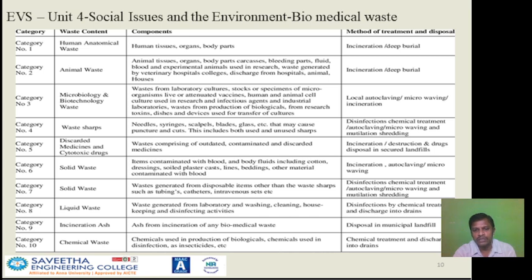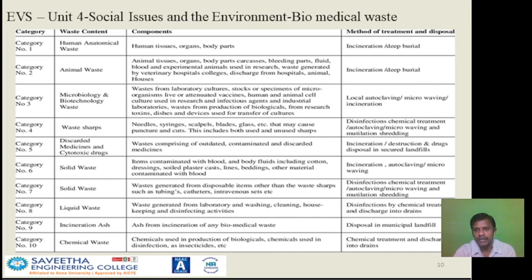Category 7 is for solid waste generated from disposable items other than waste sharps such as tubings, catheters, intravenous sets, etc. It can be disposed by using disinfection, chemical treatment, autoclaving, microwave and mutilation shredding. And category 8 is for liquid waste generated from laboratory and washing, cleaning, housekeeping and disinfecting activities.